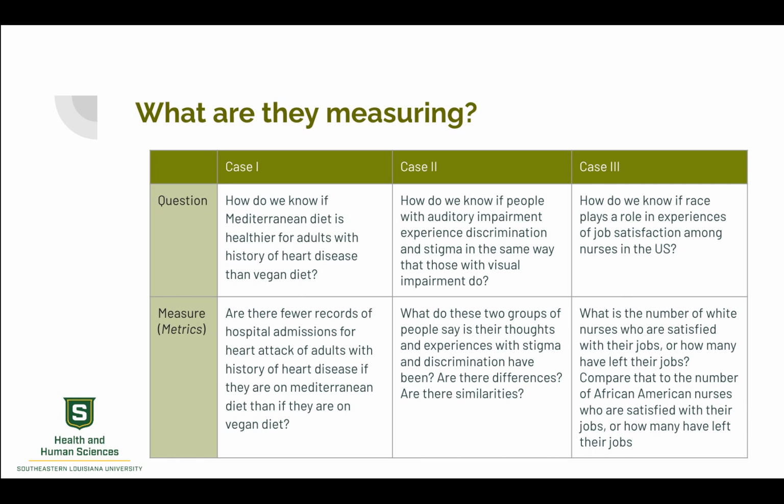And the way the metrics are doing that is by looking at hospital records for heart attacks. They're going to compare the number of hospital admissions for heart attack between those who are on Mediterranean diets and those who are on vegan diets. So that is the metric that is being used.